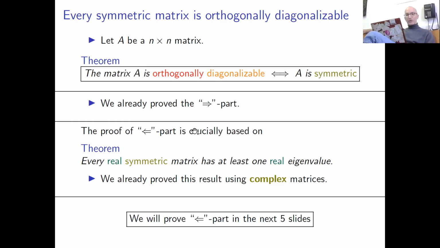It's going to take a few slides. Its proof is actually not so difficult on the level of ideas, but maybe it's a little bit difficult in the way it is presented. So I strongly suggest to read the proof in the lecture notes, where it's given with more details, or try to prove it by yourself, because when you first try to prove some result by yourself, and at some point maybe you get stuck, it's easier later to read the proof.